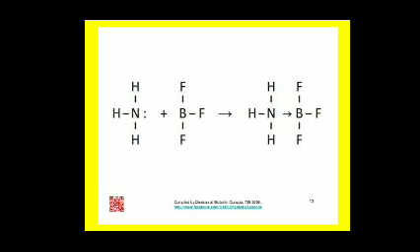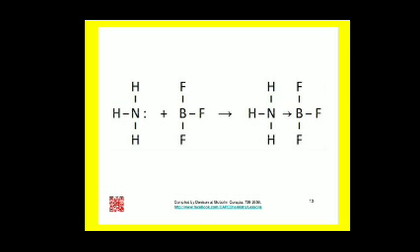Ammonia is a stable molecule, but it has one lone pair in the valence shell of its central nitrogen atom. Boron trifluoride has only six electrons in its valence shell, so it is unstable and requires two more electrons.